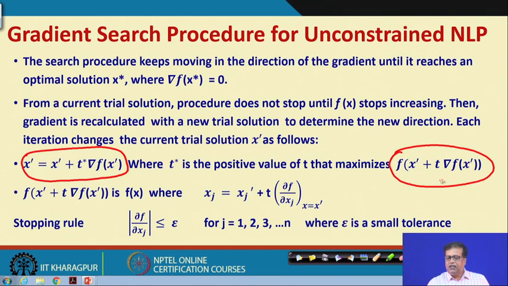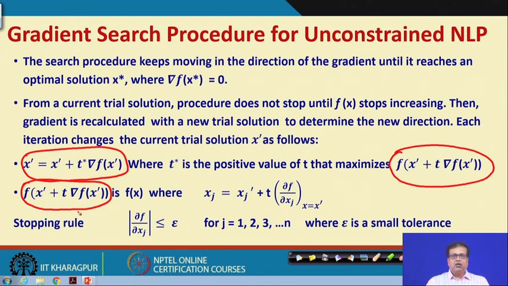So, it is t times the gradient. If you add it to the current trial solution, the functional value at that point we maximize. Is it all right? So, that is how we do it. And this f(x dash), the current trial plus t times the gradient, is nothing but f(x), where please remember this is multi-valued.